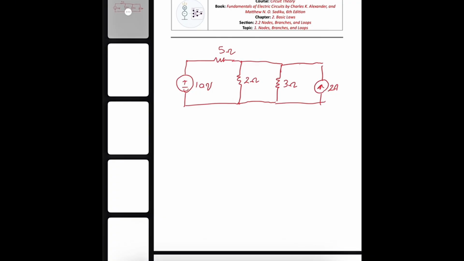In the circuit I've drawn, we can easily count the branches. Let's take a look at each circuit element. We will have one voltage source over here, a 5 ohm resistor, a 2 ohm resistor, a 3 ohm resistor, and a 2 ampere current source over here.